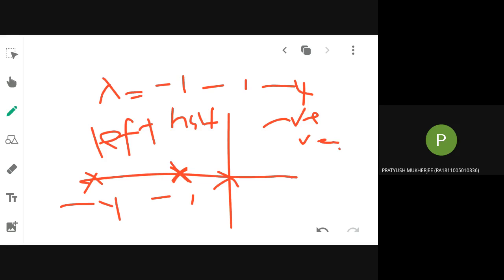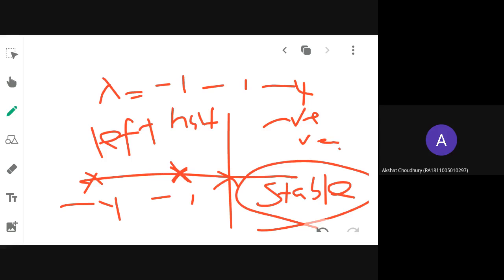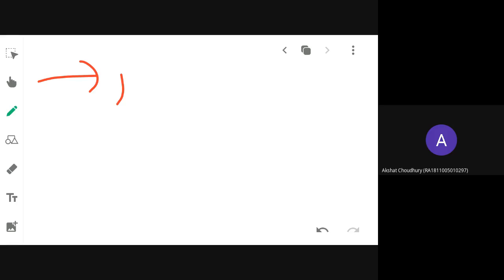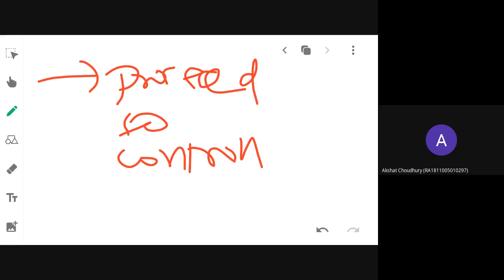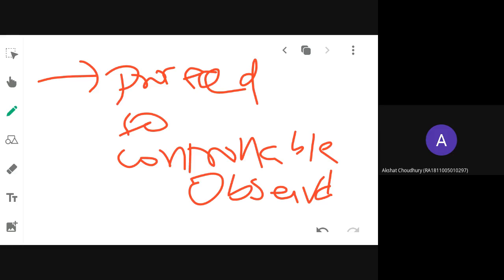So is the system stable or not stable? Stable. So can you proceed for finding out controllability and observability? You have found out that the system is stable, so next you need to find out whether the system is controllable and observable. If the system is unstable, you cannot proceed for controllability and observability.